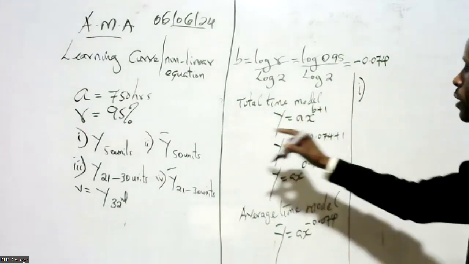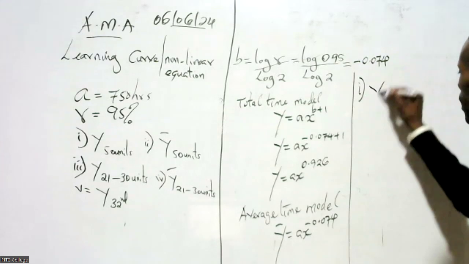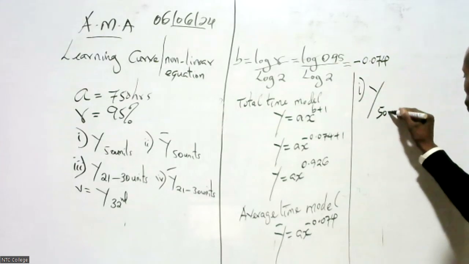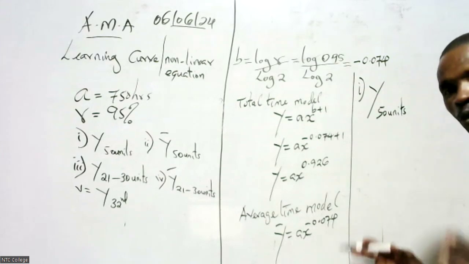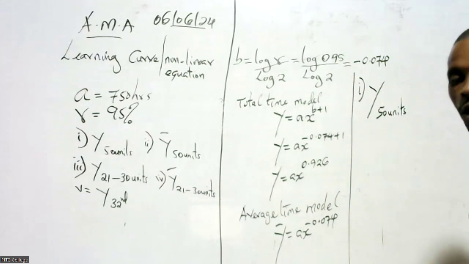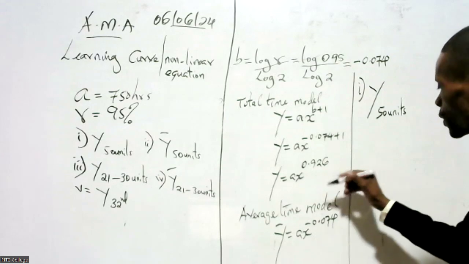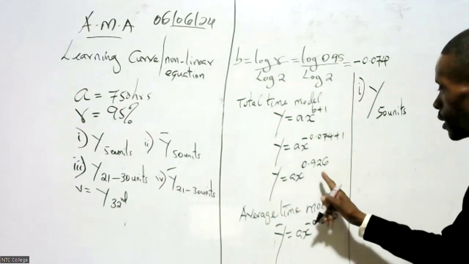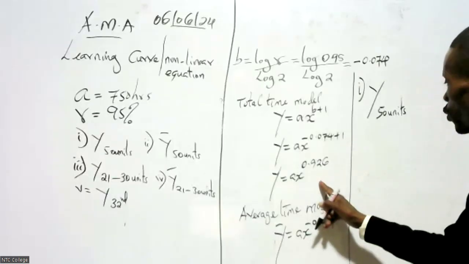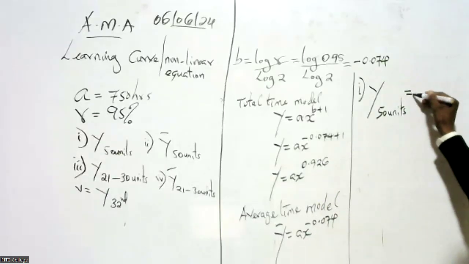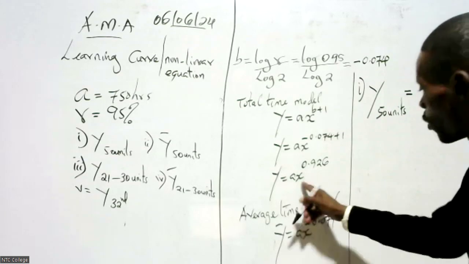Time taken to produce the 50 units, meaning Y for 50 units. What will be the time to produce the 50 units in lump sum sorting? You use this model, the total time model.